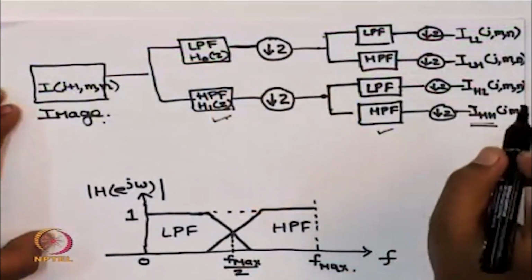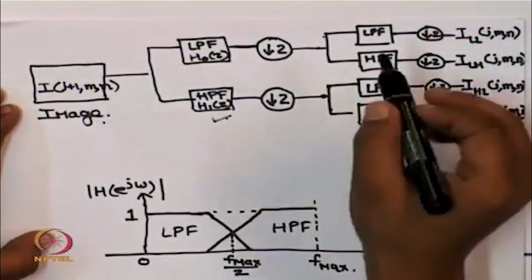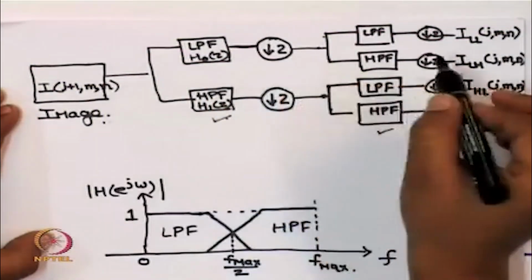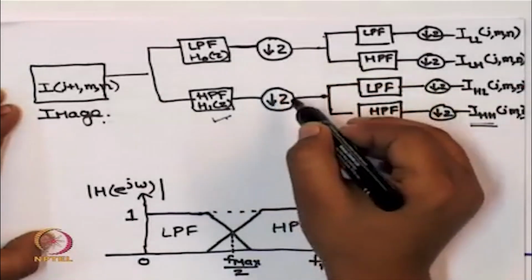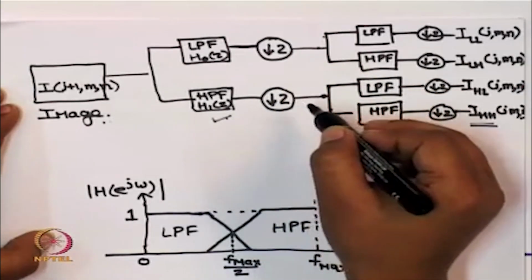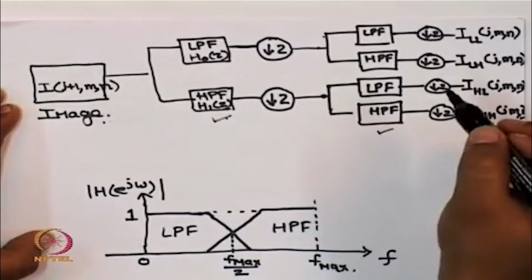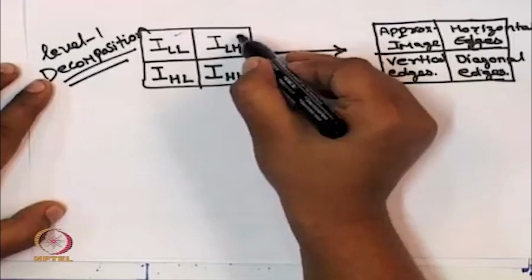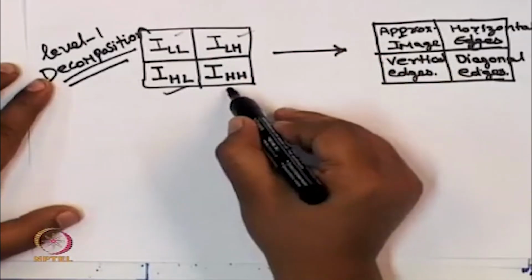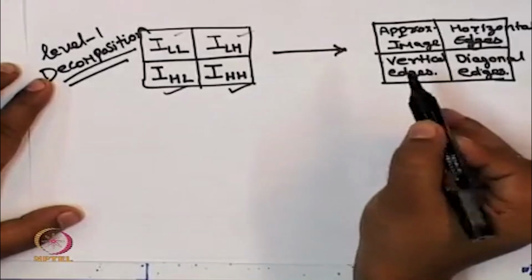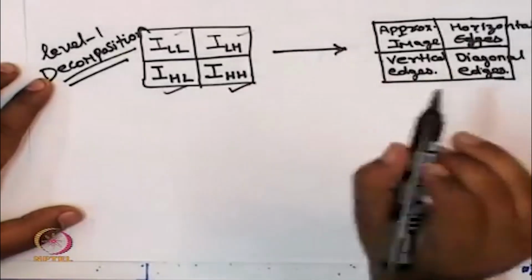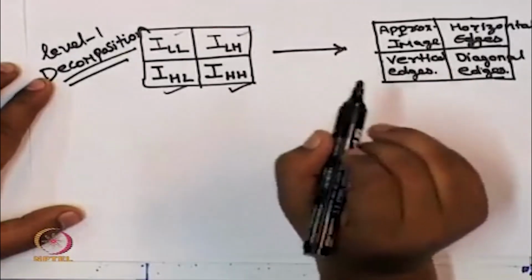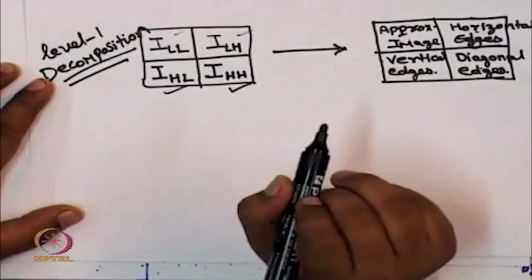Since we have done subsampling by a factor of 2 both along the rows and along the columns, in effect we have done subsampling by a factor of 4. Therefore, each of these subbands, that is LL subband, LH subband, HL subband and HH subband, contains only 1/4 of the total number of samples in our image originally.